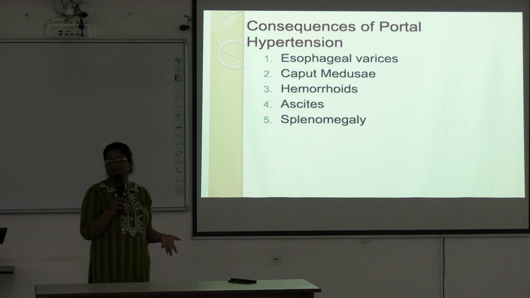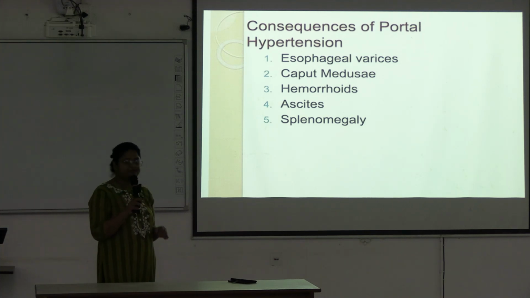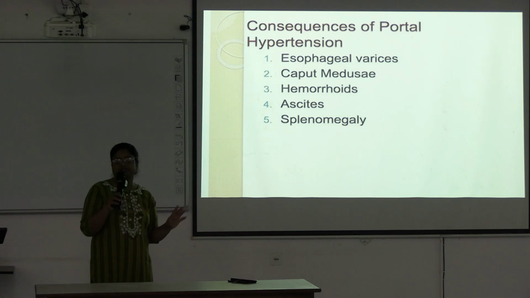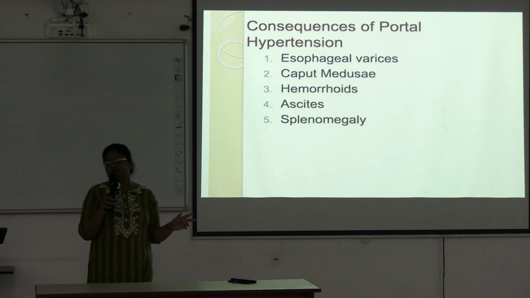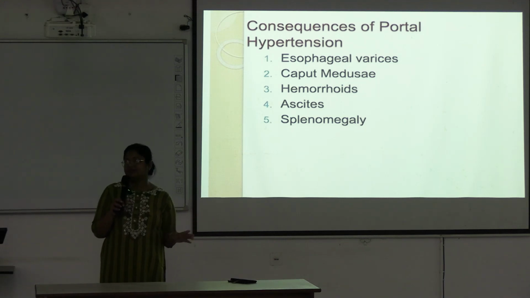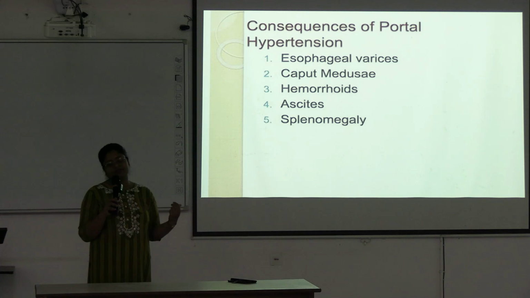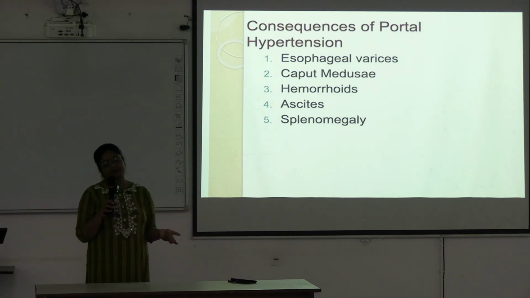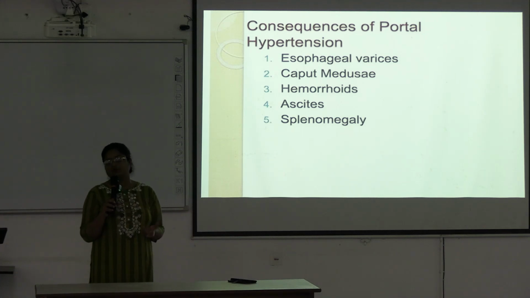If it is below the Hilton's line, it will be an external hemorrhoid. In internal hemorrhoids, the bleeding will be painless. But in external hemorrhoids, there will be painful bleeding because of the somatic, cutaneous supply. For internal hemorrhoids, this is autonomic supply, so there will be no pain.